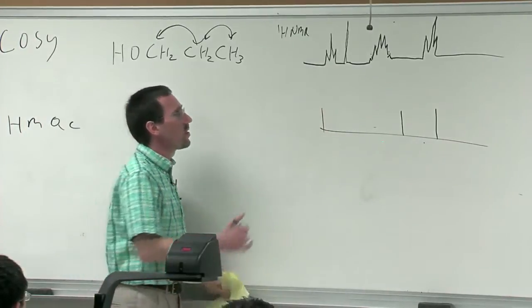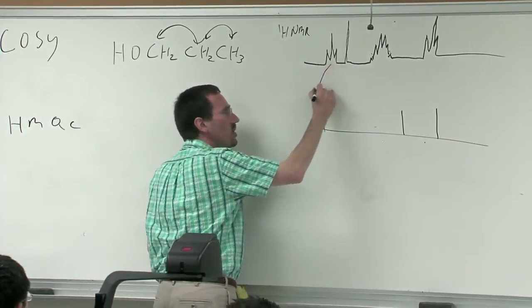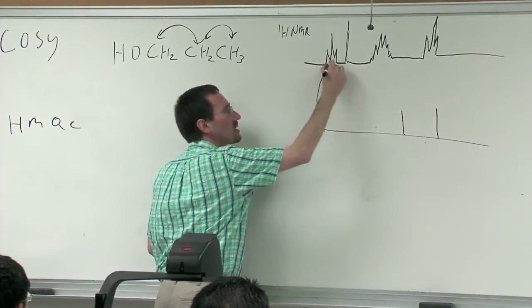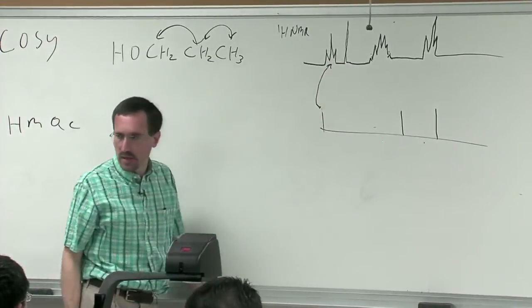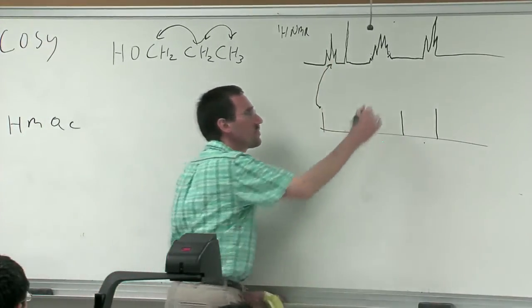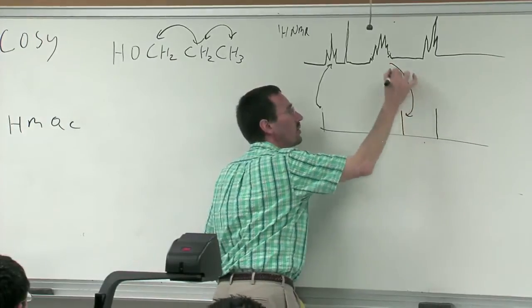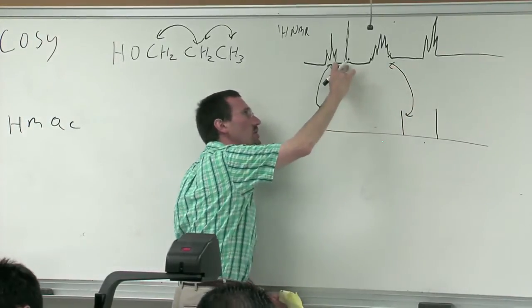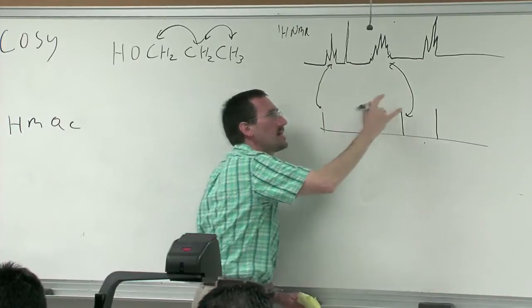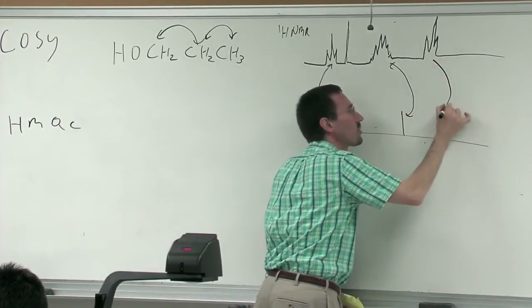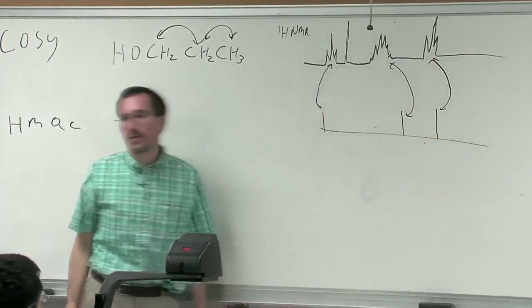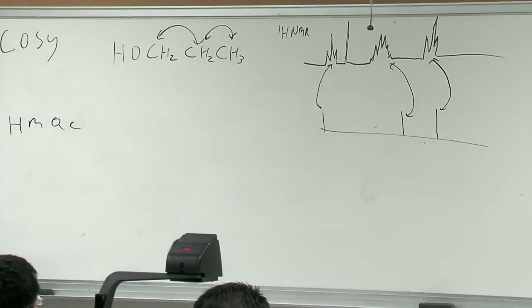In other words, it's going to say, this proton signal is coupled with that carbon signal. This proton signal is coupled with this carbon signal. This proton signal isn't coupled with any carbon signals. And this proton signal is coupled with that carbon signal.